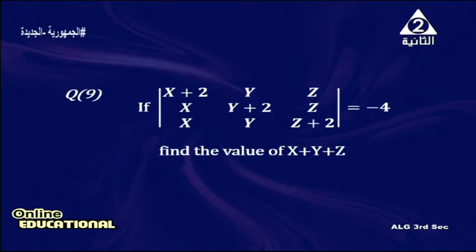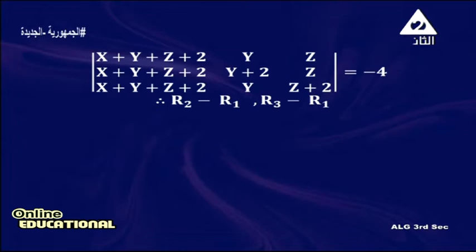If we add C1 plus C2 plus C3, we add the elements in column 1, column 2 and column 3. We deduce that the first column is x plus y plus z plus 2.